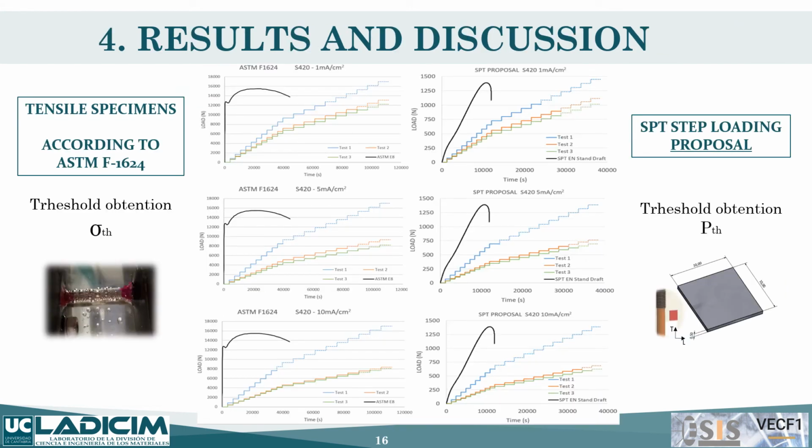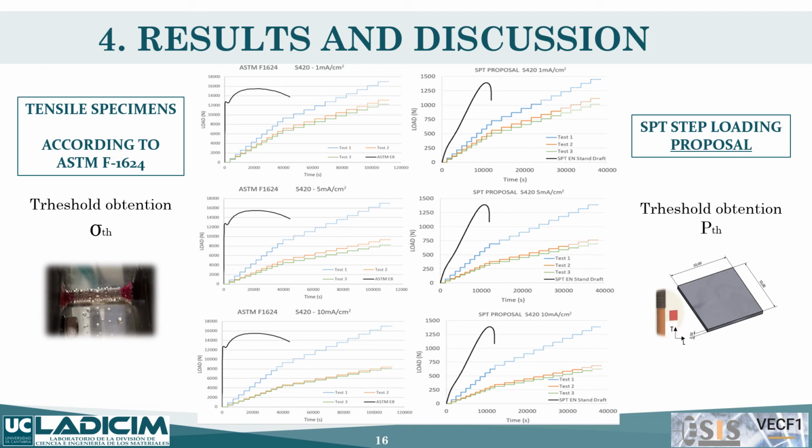So now we arrive at the results. On the left, we can see the results of applying the standard ASTM F1624 to the 3 environments studied of 1, 5, and 10 milliamperes per square centimeter of submerged sample.